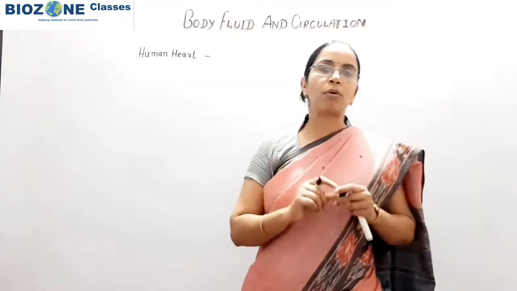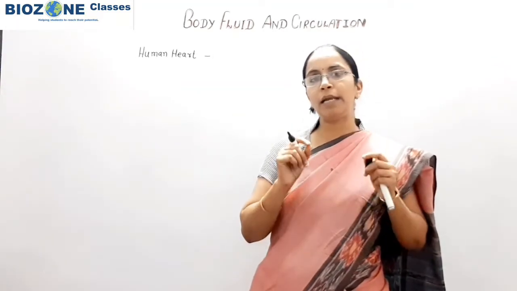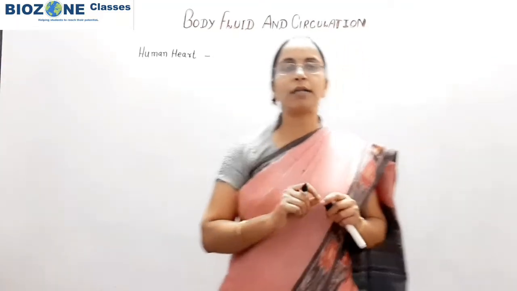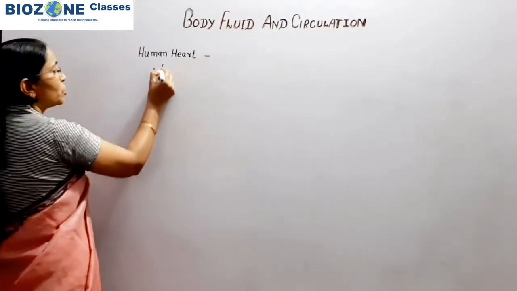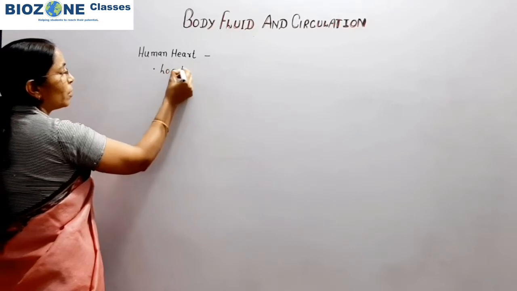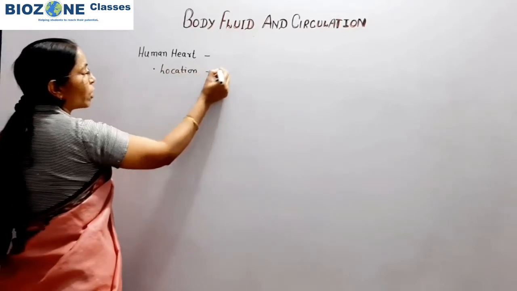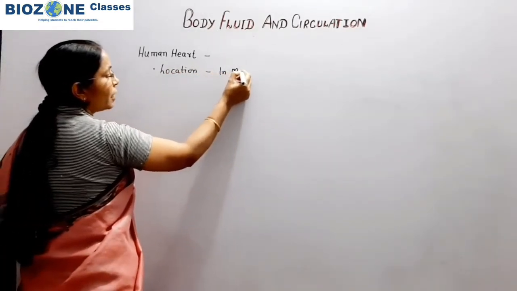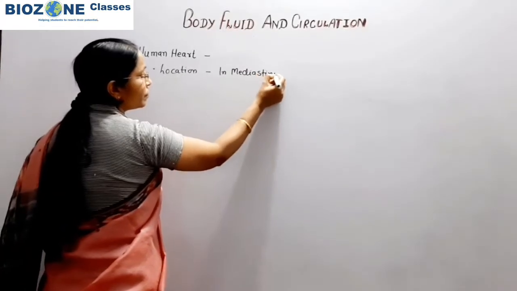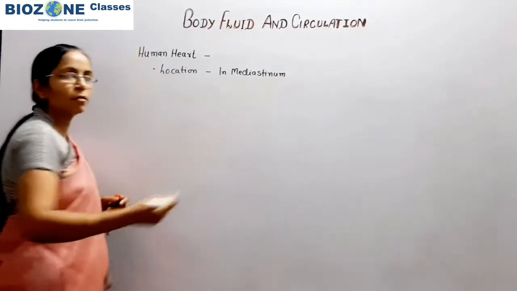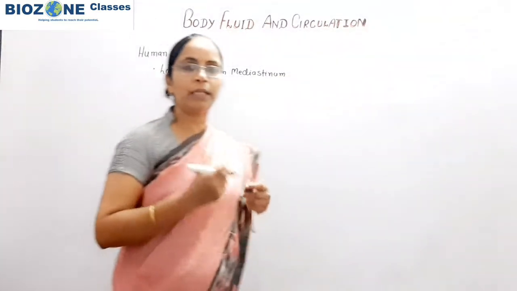That part is called the mediastinum, and in the mediastinum the human heart is located. Location wise, it is present in the mediastinum, or in simple terms, it is present in between the lungs.